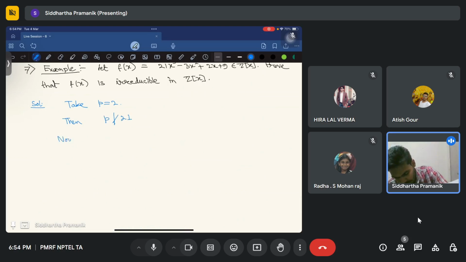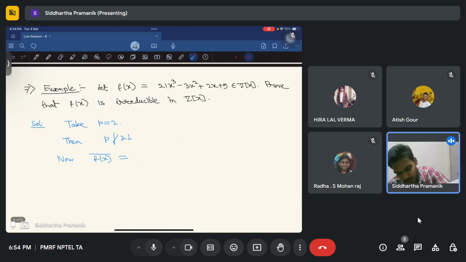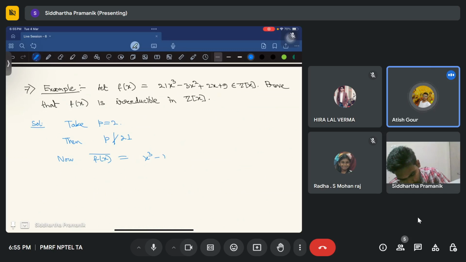And what about the second condition? What is fx bar here? So fx bar, you just reduce every coefficient modulo 2. If you take mod 2, it will be just x cube, minus x square, plus x, plus 1.